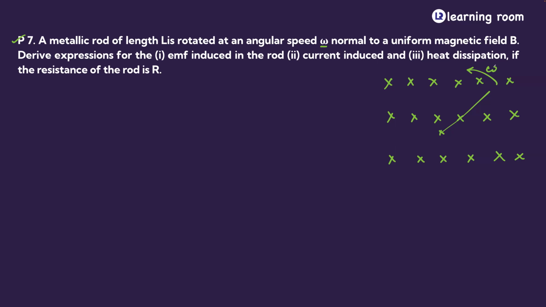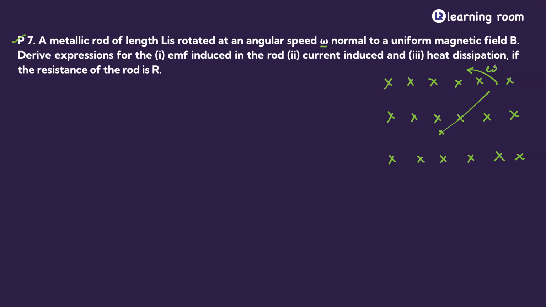So if you observe, the first question we need to answer is whether there is a change in flux taking place in this scenario. And the answer is yes. Because when this rod is rotating with a constant angular speed omega, it is covering some amount of area in each time interval, in equal intervals of time.